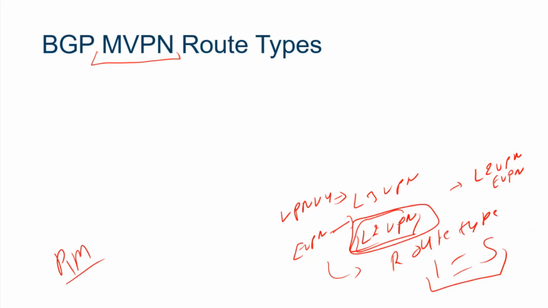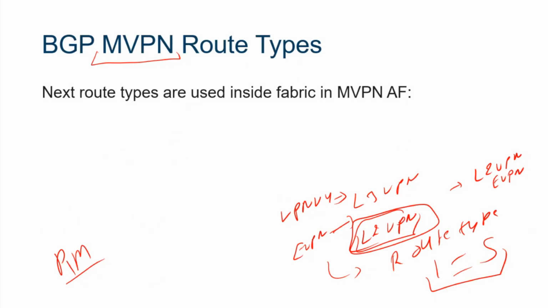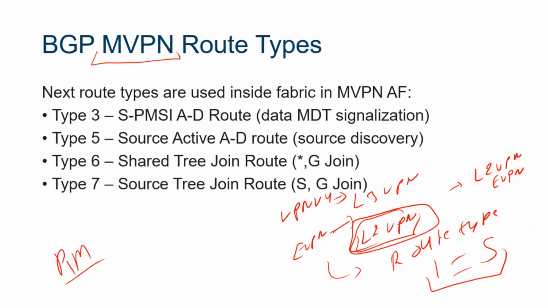Okay, so how many route types have been introduced? The first one, and I'm keeping it at a very high level, is this type 3. Leave this route for now. If possible, take a snapshot of this. I will come to this route type 3 in a while.